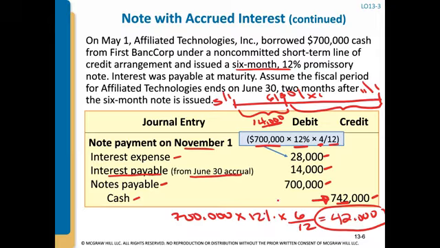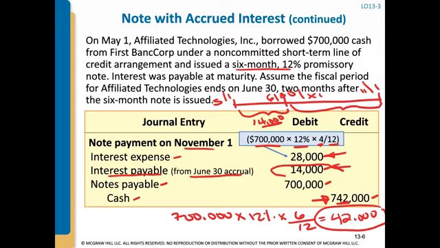The interest expense is booked in total for $42,000. It's just that $14,000 of the interest expense was booked in the first fiscal year, and the remaining $28,000 is booked in the second fiscal year.